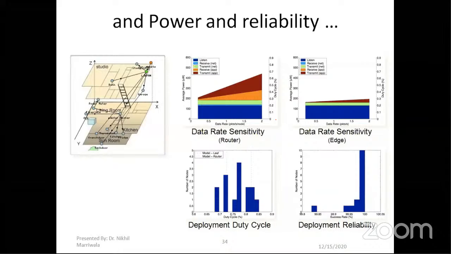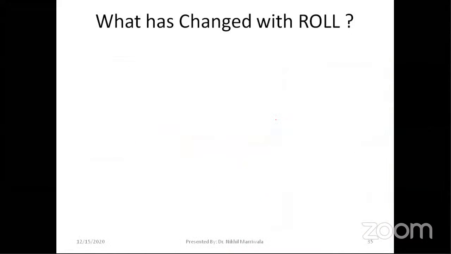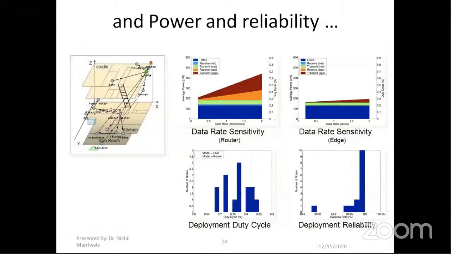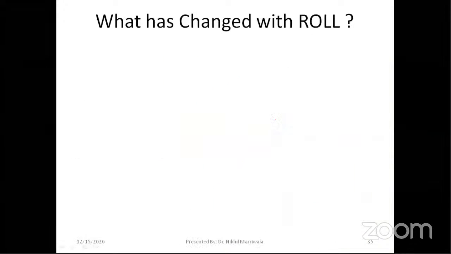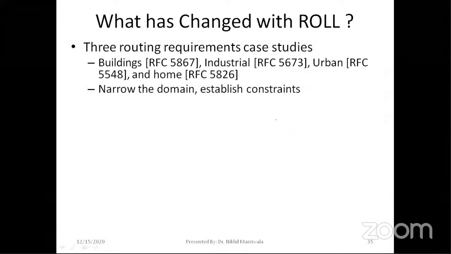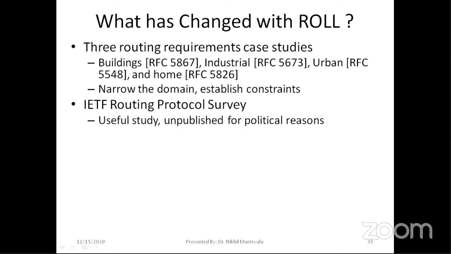So data sensitivity and data rate using the router, and data rate sensitivity using the edge. These are two things. Deployment of these two depends on the power and reliability options that are available or that the service provider provides, right? So what has changed with the role? The requirement case studies, that is the building RFCs, narrow the domain and establish constraints, right?